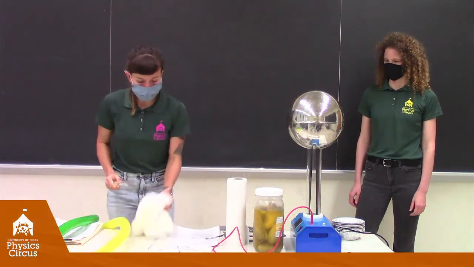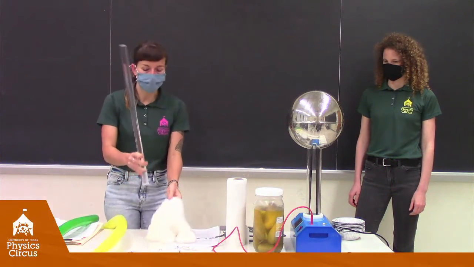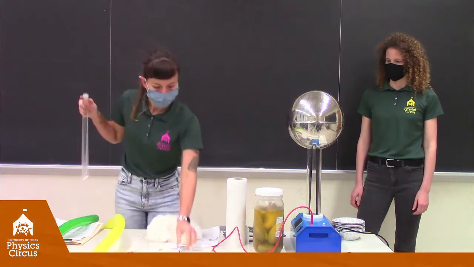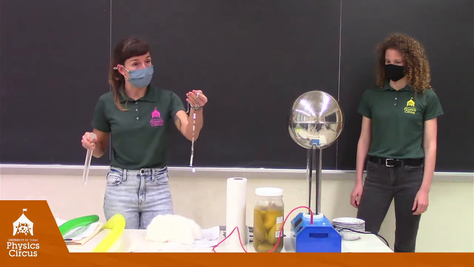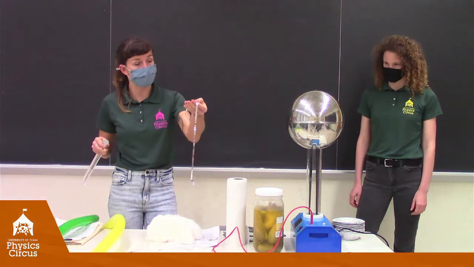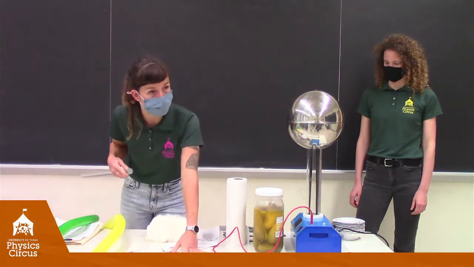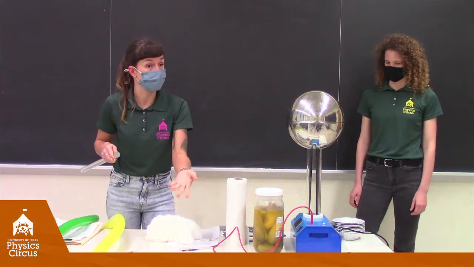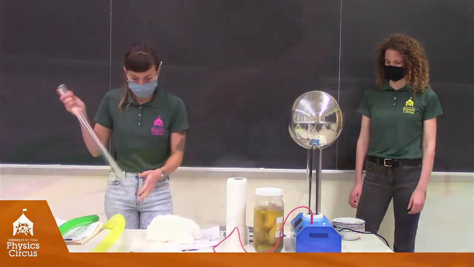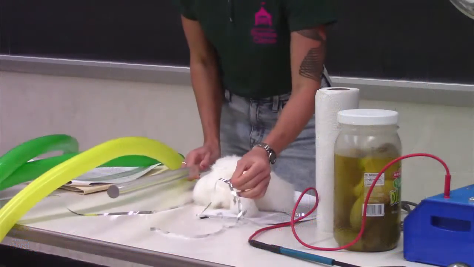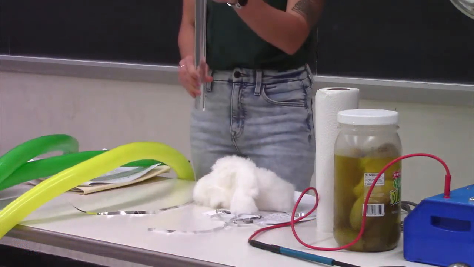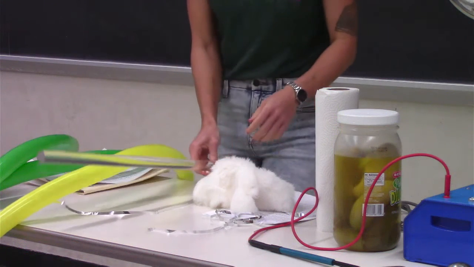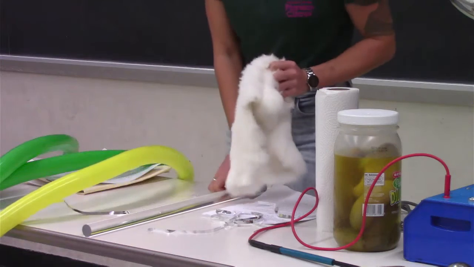Well, when I rub the rabbit fur on the plexiglass rod, I'm placing one type of charge on it, and the other type of charge, the opposite charge, is inside of the tinsel, which is sitting on this table attached to the ground. But tinsel is very light, so it's able to jump through the air. And because they're opposite charges, they attract. And that's why we have tinsel jumping onto this charged plexiglass rod.